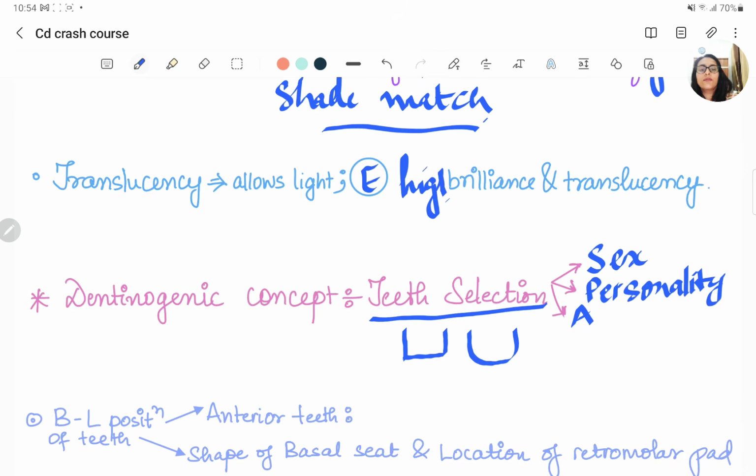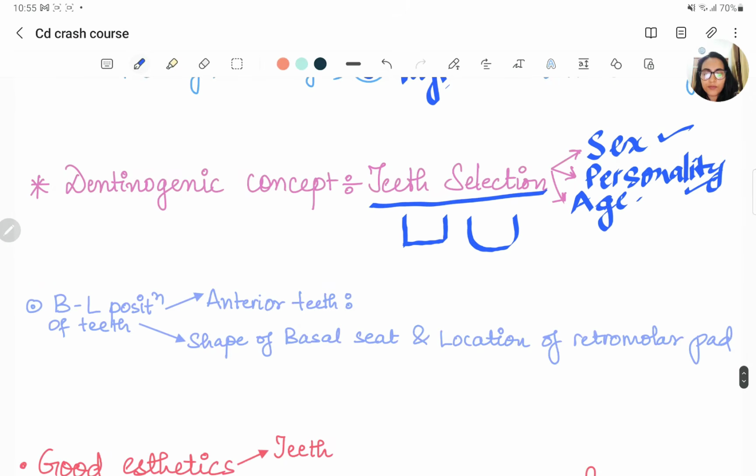Like that, we select the teeth based on the sex, the personality, and the age of the individual. If a person is more old aged, say above 60 or 70 years, then we give more towards flat teeth, because it should look like worn teeth.